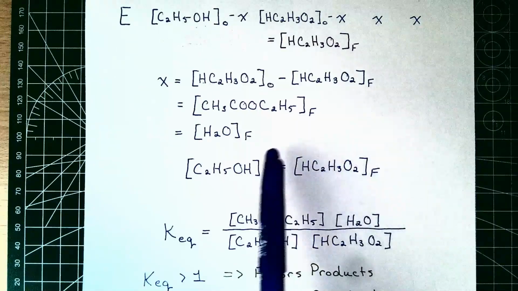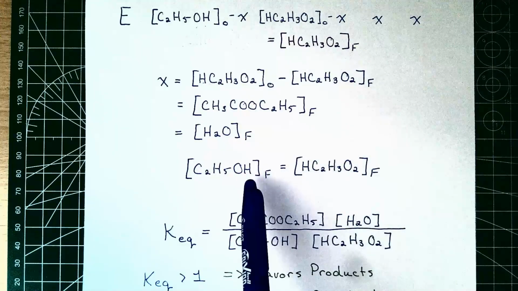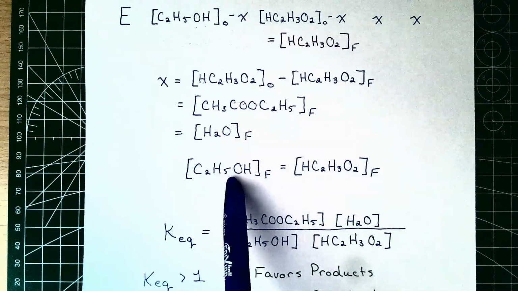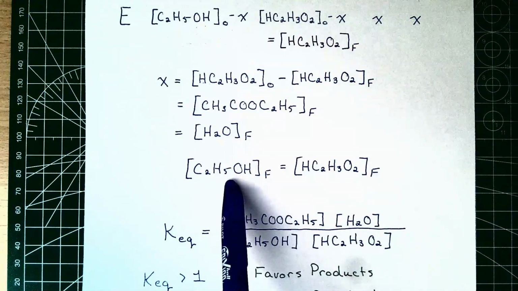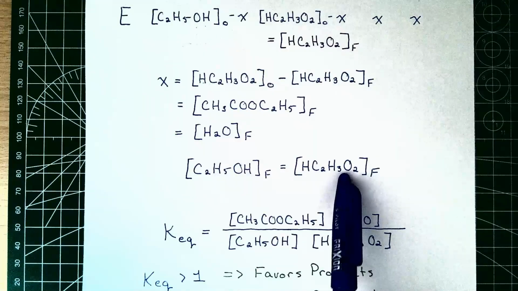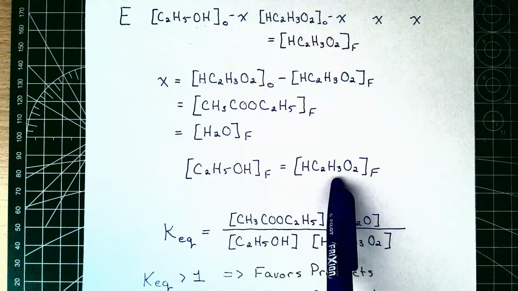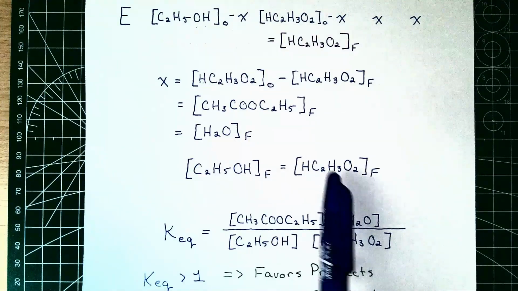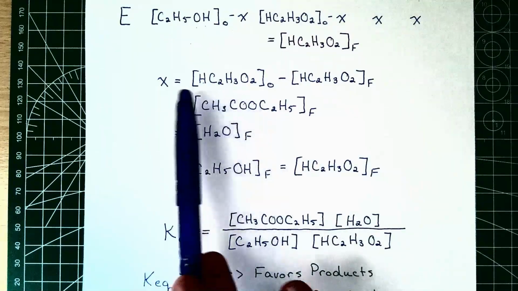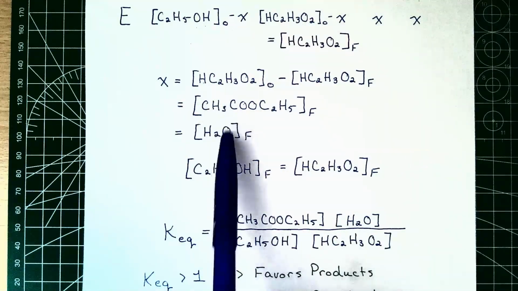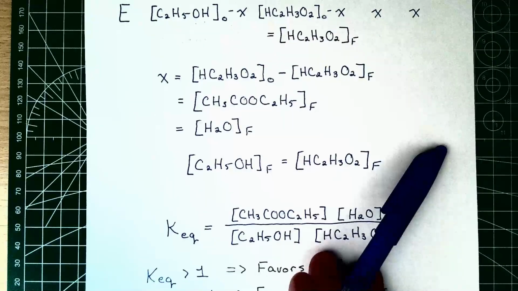So now we know all the numerical values that we need to know. We know that the equilibrium concentration of ethanol is going to equal the equilibrium concentration of the acetic acid that we calculated, and we can calculate x to get these two equilibrium concentrations.